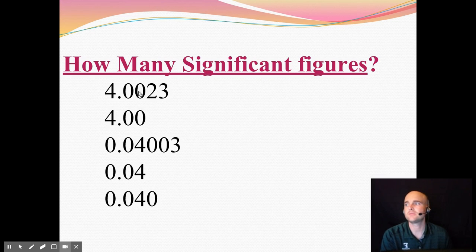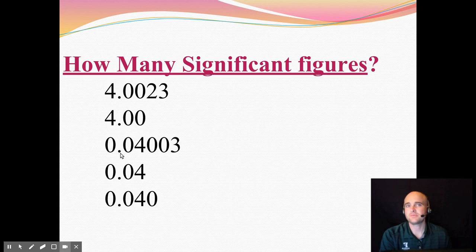So 1, 2, 3, 4, 5. Now for this one, there are 3 sig figs. If a decimal is present, after the first non-zero number, every number after it is significant. So it doesn't matter how far this goes, every number after this is significant.